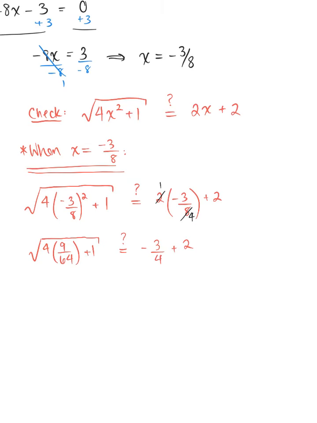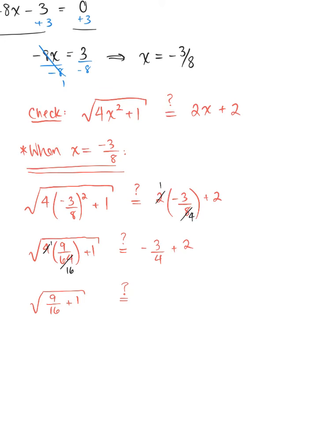We can also notice on the left-hand side here, we can simplify. We know that 4 goes into 64 16 times. So our left-hand side is the square root of 9 divided by 16 plus 1. Again, we're still checking, is that going to be equal to negative 3/4 plus 2?